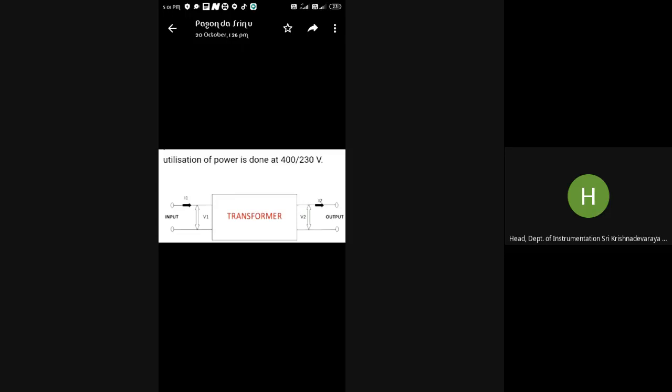Now for safety reasons, the voltage is stepped down to different levels by step-down transformers at various substations to feed the power to the different locations. Thus the distribution of power is done.